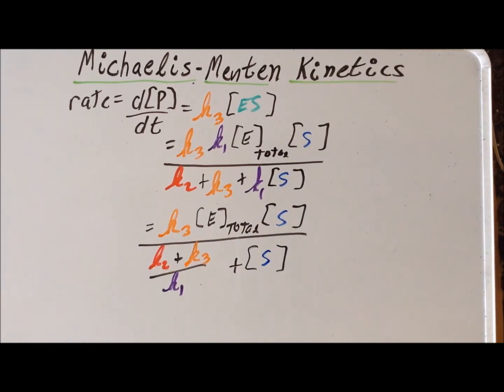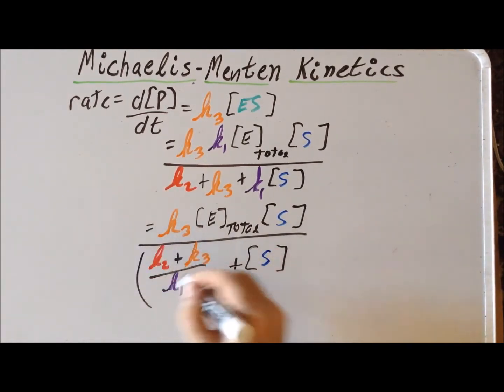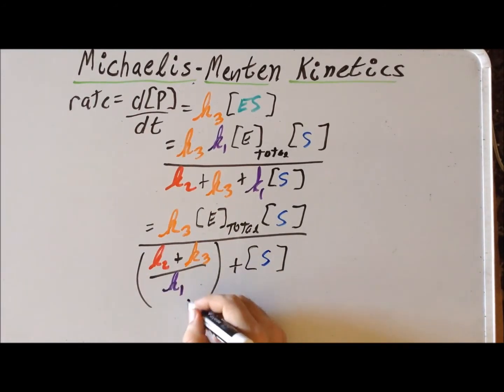The key to the reason why this is useful is that we can group this particular expression and assign it a new value, and we call this the Michaelis constant K sub m.